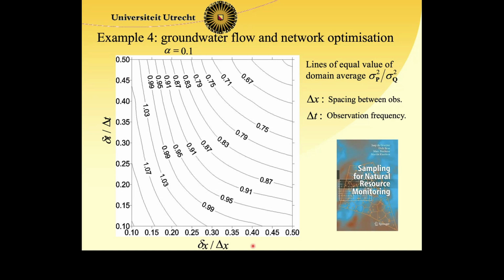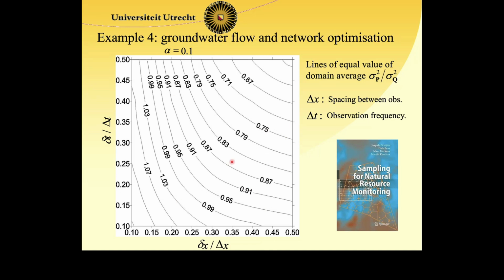And you can see that measuring in space and measuring in time are interchangeable, because these are lines of equal variance reduction. We can get the same result by either measuring more in time with higher frequency, or measuring less in time and then using more observations.